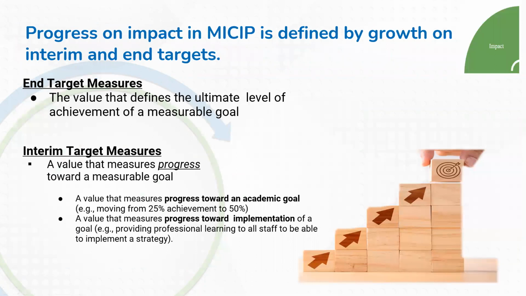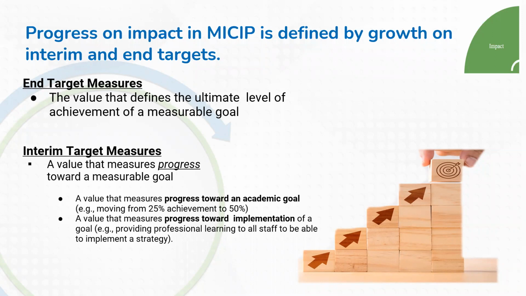Note that an end target is a value that defines the ultimate level of achievement of a measurable goal, however that goal is defined. An interim target measures progress towards the measured goal and can be defined as either a value that measures progress towards the ultimate impact or progress towards implementation.